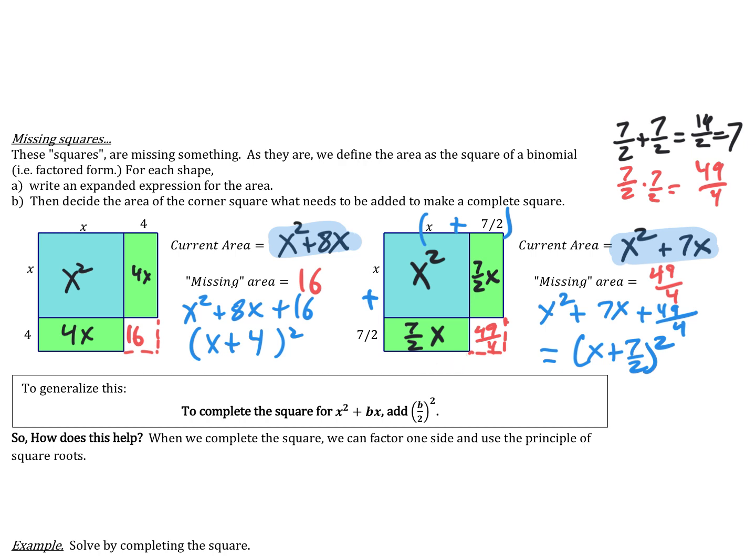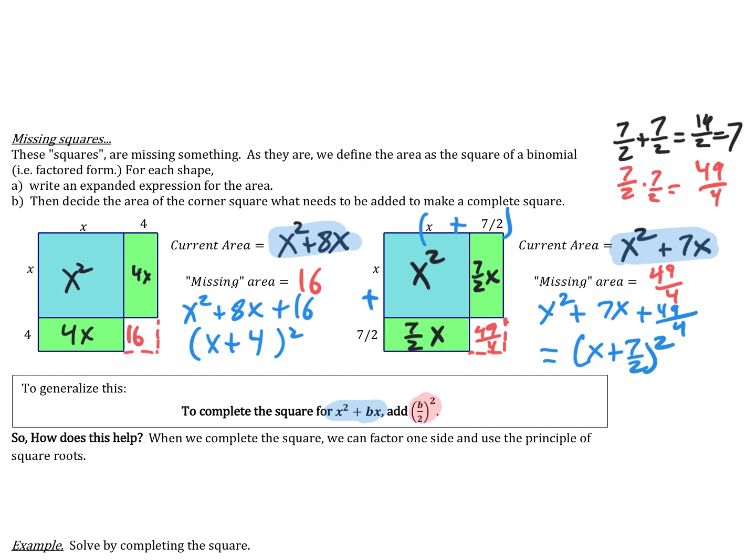So the rule that we need to remember and understand is that if we want to complete the square for something that looks like x squared plus bx, like x squared plus 8x or x squared plus 7x, to make it so that we can factor it, we need to add half of b, squared. All right, this is what we need to remember. Half of 7 is 7 halves squared. Half of 8 is 4 squared.